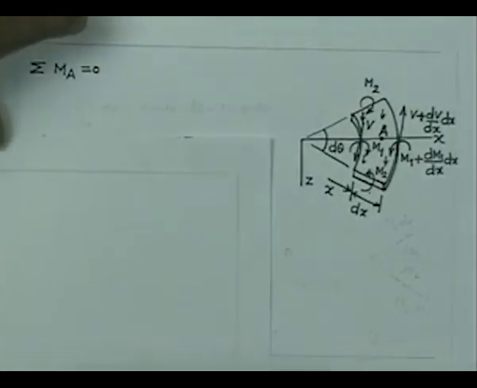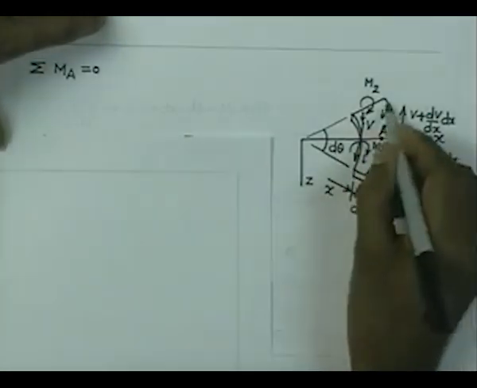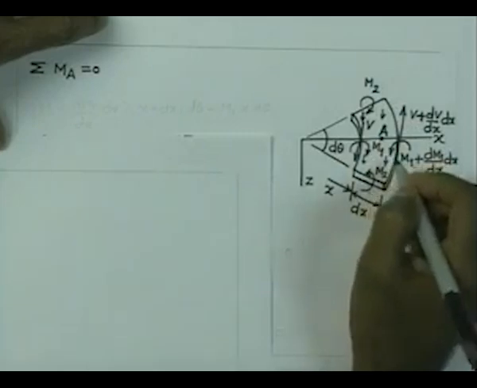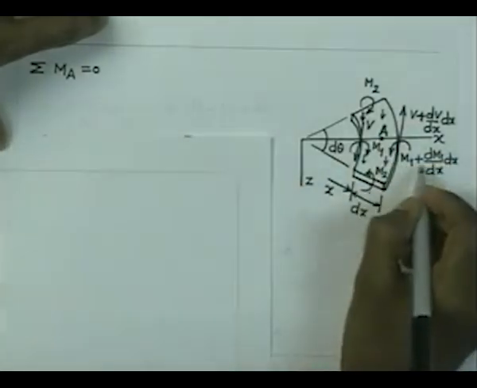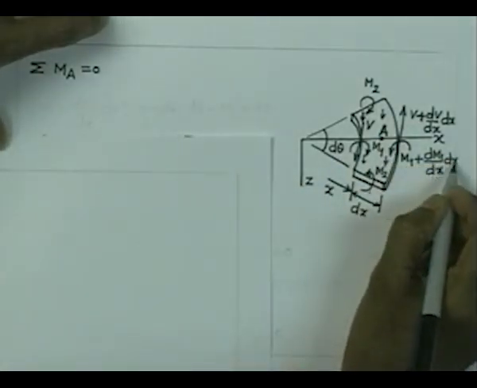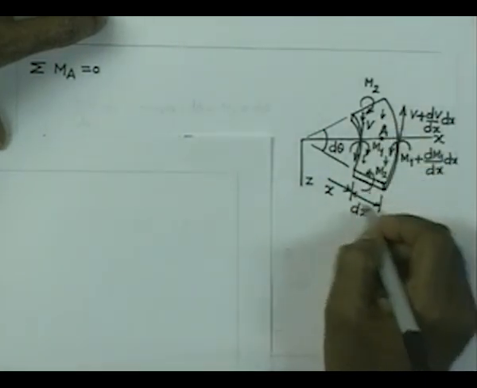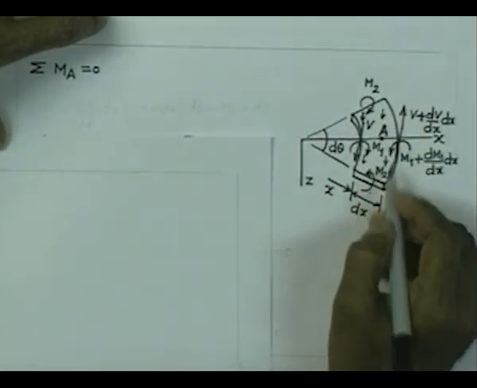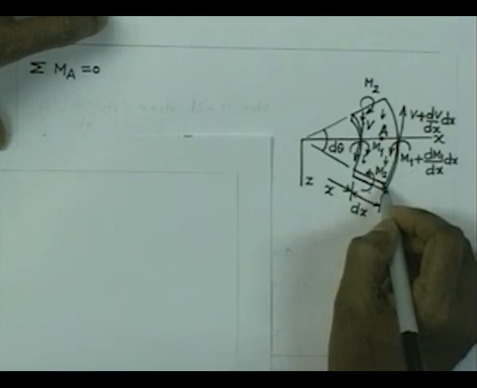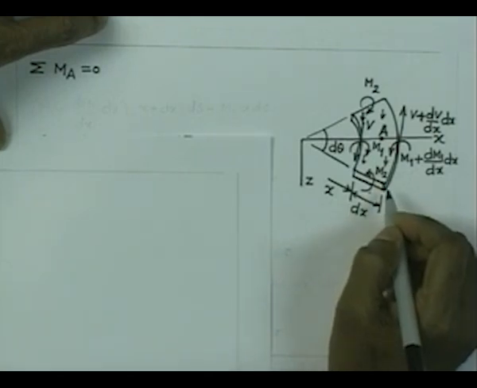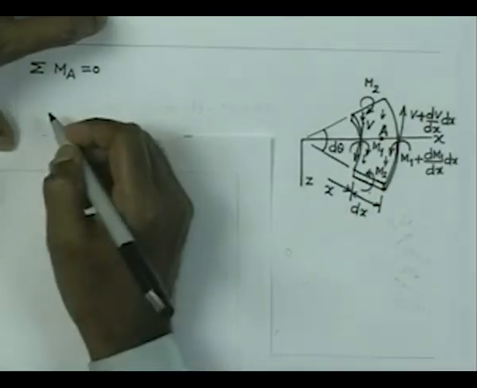And now, first of all, let us consider this moment, let us say that that is positive, and it is m1 plus dm1/dx into dx acting over a distance of x plus dx into d theta, and of course, height if we consider to be unity, that will be also possible.